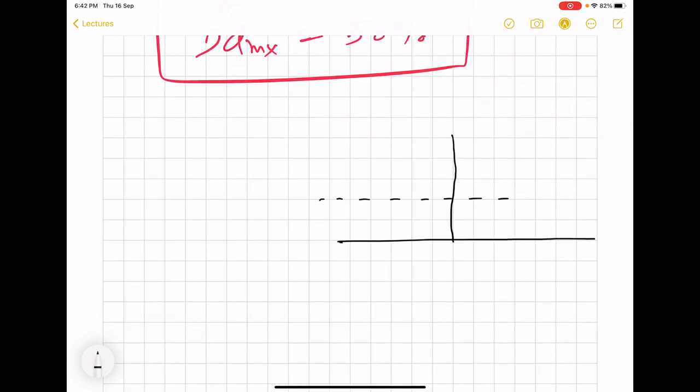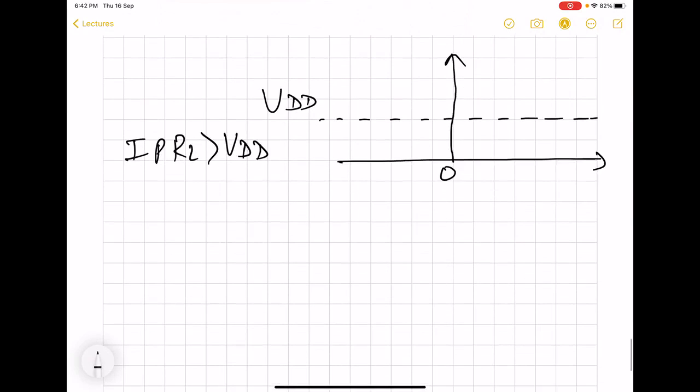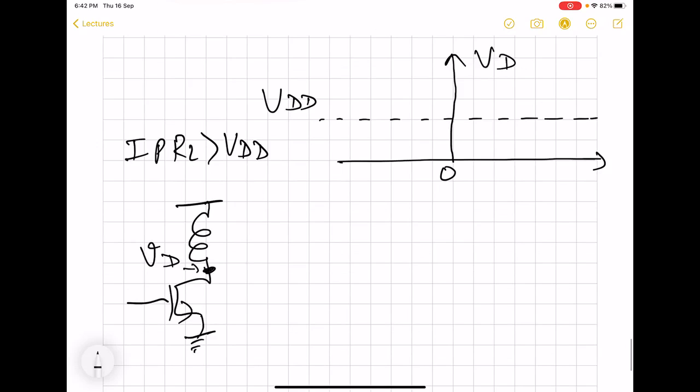So suppose this is the VDD level. Now we are considering the scenario when IP into RL is greater than VDD. So we are plotting this voltage, or you can say this is also VDS.